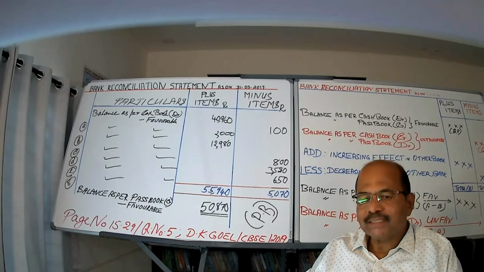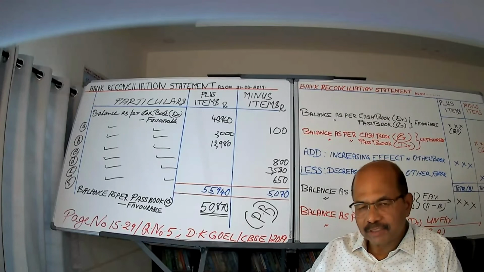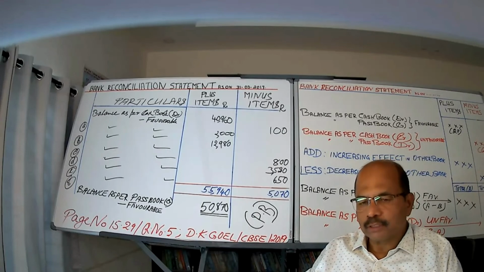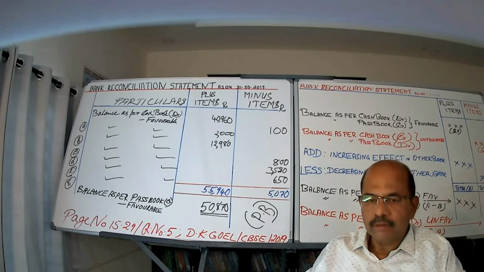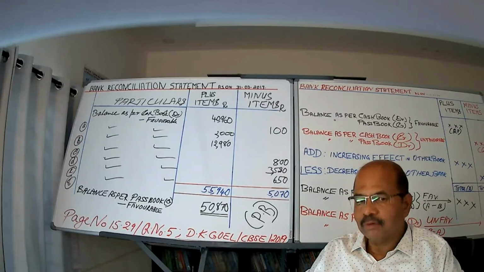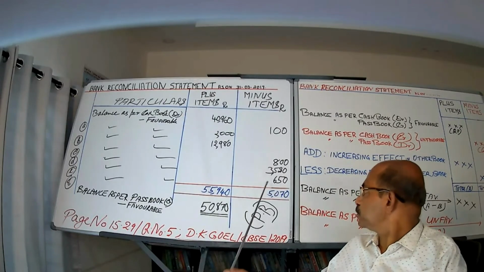Later on, they found the check is a useless one, so they reversed it. Before this reversal or dishonor entry, let's assume 1 lakh in both cases. The bank has brought down the balance by 650, which I was not aware of. So cash book balance is up, but passbook balance is down, and I have to base it on the passbook balance because that's the other book or the concerned book. Hence, the decreasing effect I am showing here.